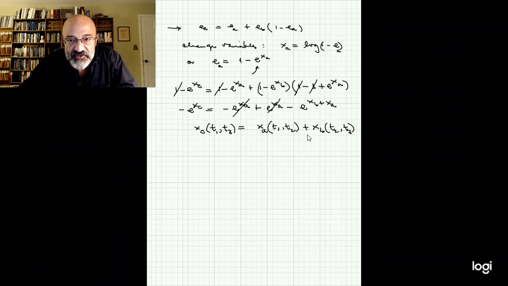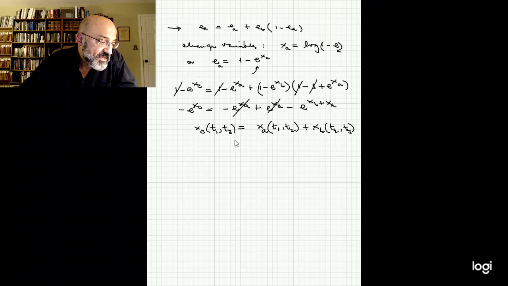How do you solve it? All we have done here is transform this functional equation in the E's into a functional equation in the corresponding X's. How do you solve this equation? Well, one of the things you can see is that the left-hand side here does not depend on T2.